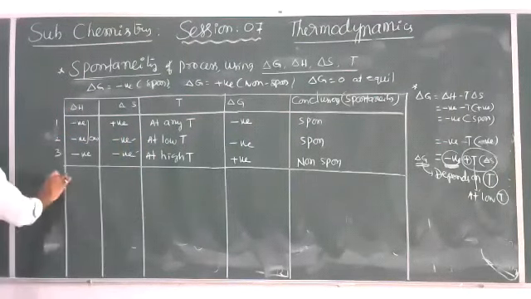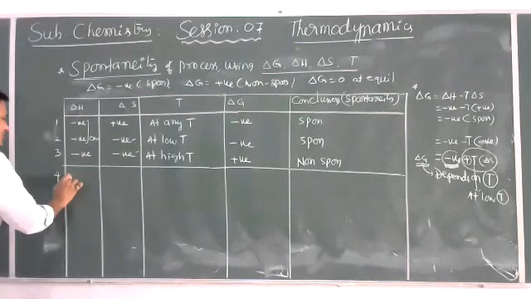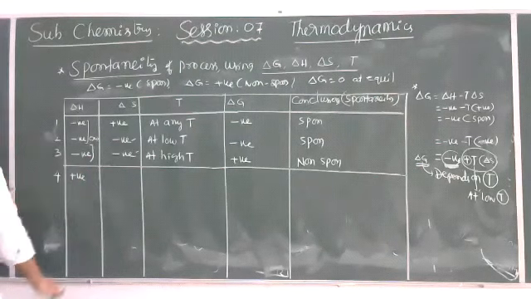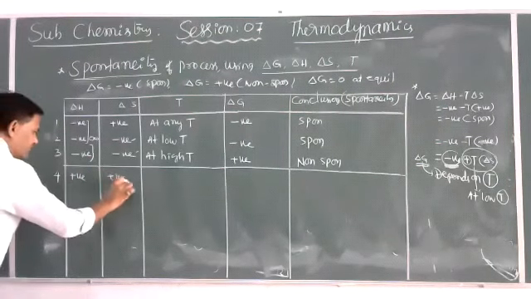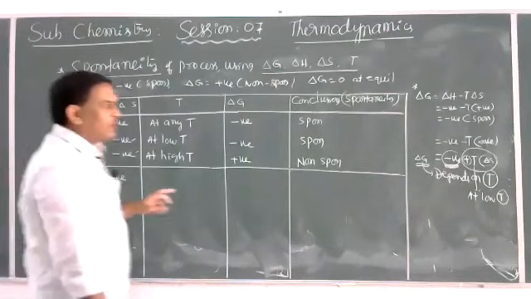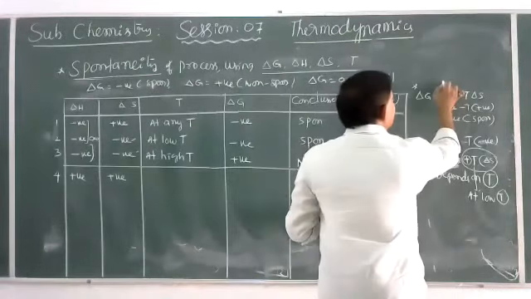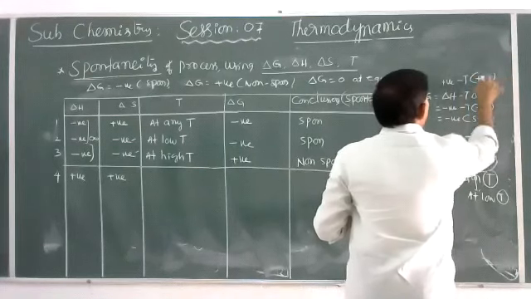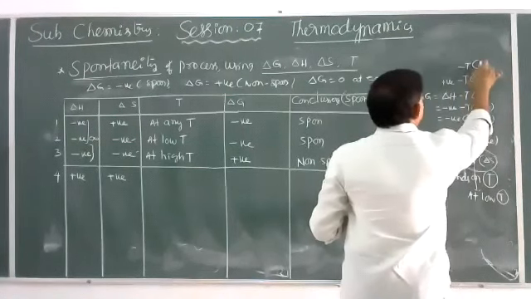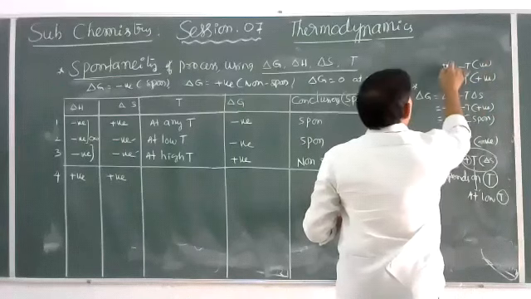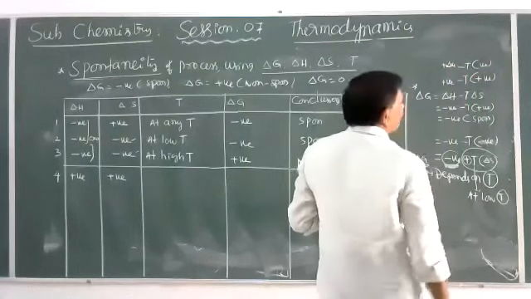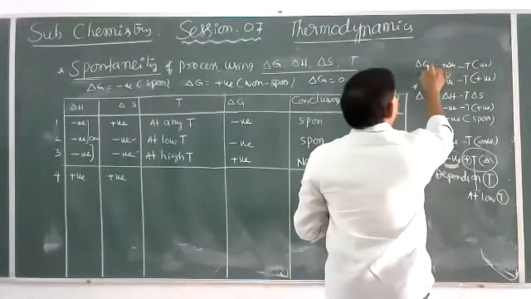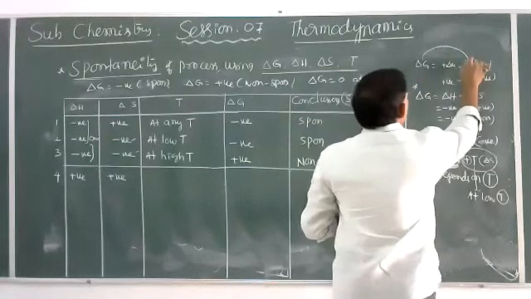The next I will take delta H as a positive value, and I will take delta S also positive. Now delta G is positive minus T into a positive value, positive into negative is negative, and delta H is positive. So this delta G depends on temperature.